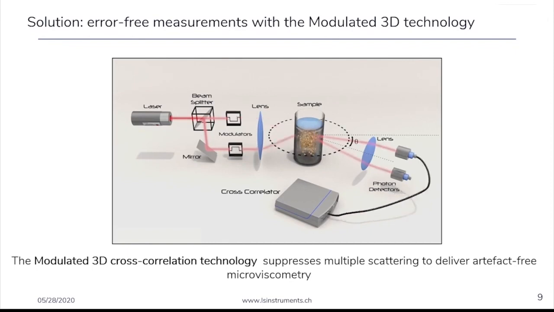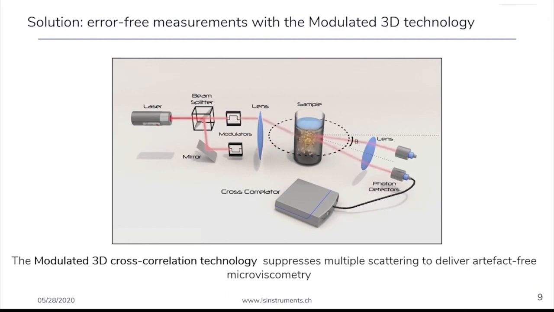So this means we can now add sufficiently high tracer concentrations to ensure that we do not get any artifacts from protein contributions, but still sufficiently low that we are not facing problems due to particle interactions. And we then use the 3D technology in order to suppress multiple scattering, and that gives us a microviscometry experiment of the highest quality and lowest noise.